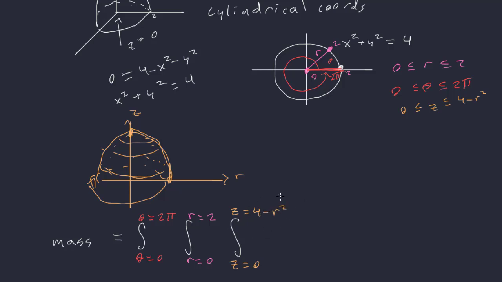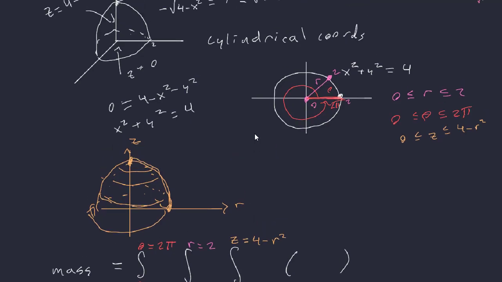One thing to notice is that z doesn't change in this transformation. However, if z is in terms of x's and y's, those x's and y's themselves will change. So that is one thing to keep in mind. Then we'll have 4 minus r squared. Oh, sorry, no, that was not our function.